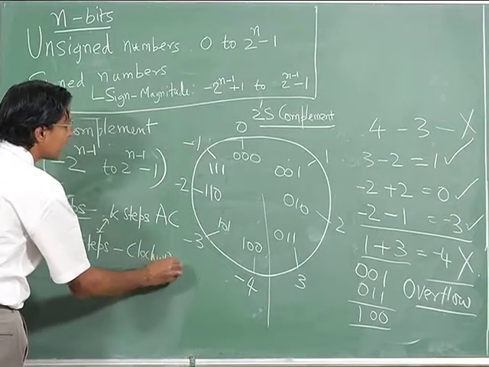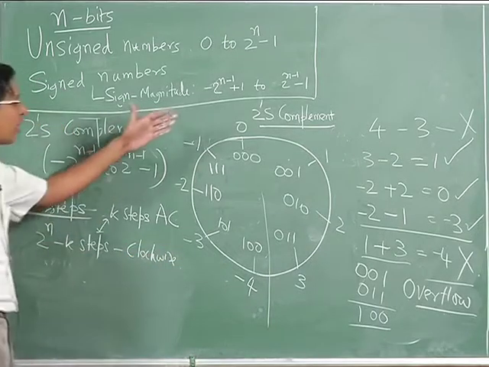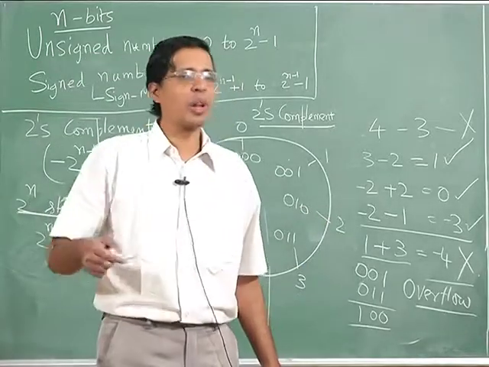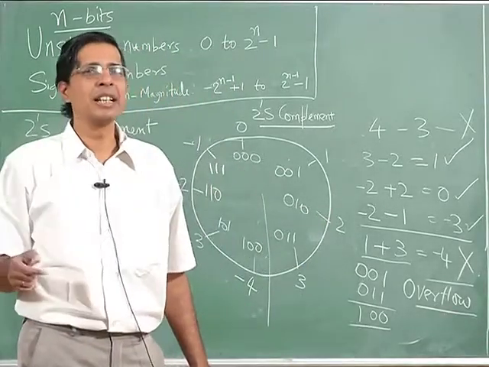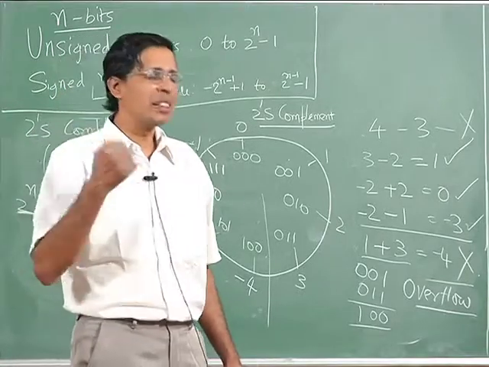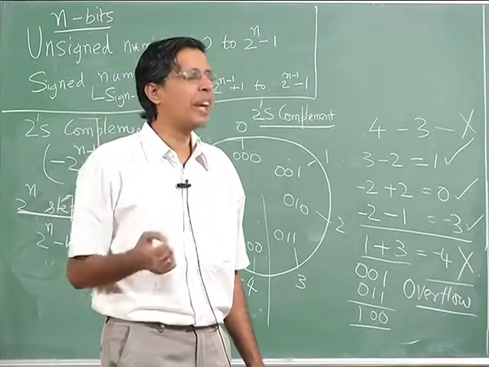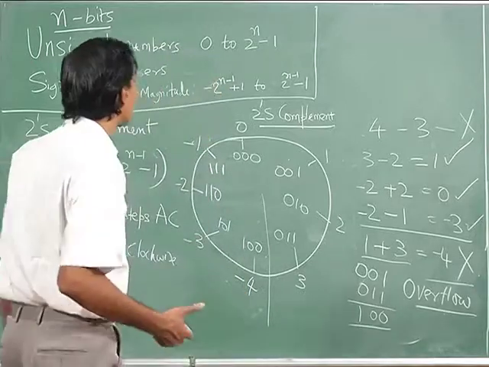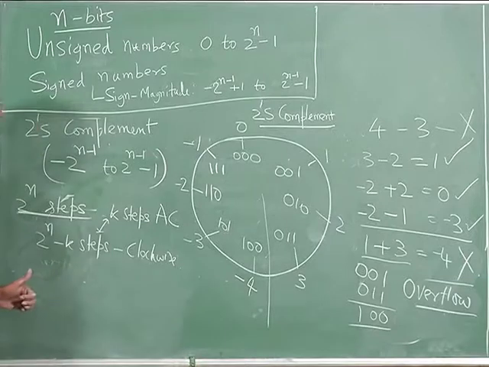This was our argument. In the whole of those arithmetic, if you remember, I said instead of moving 6 steps clockwise, I can move 8 minus 6. So everywhere, instead of moving 3 steps anti-clockwise, I can move 8 minus 3 steps clockwise. Where did that 8 come from? 8 came because of 2 power 3, and that is precisely what we are doing.